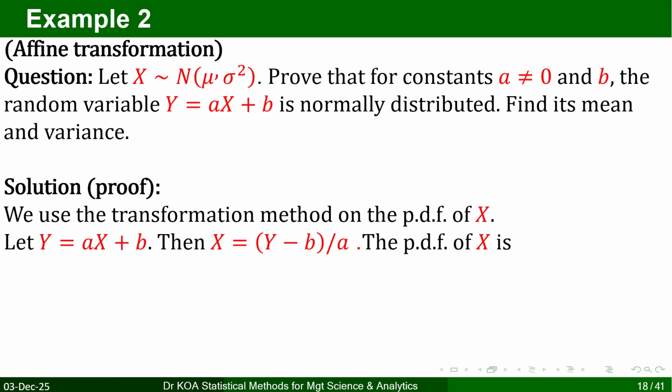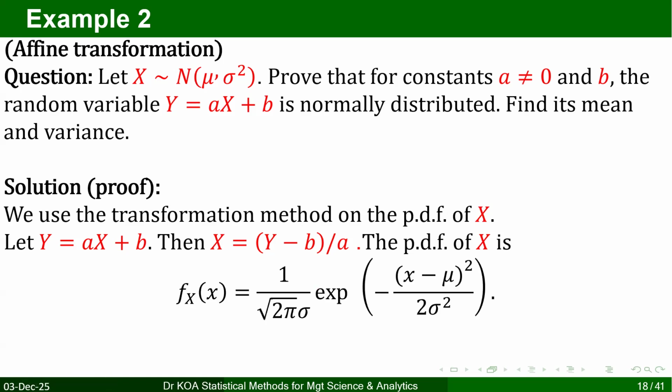The probability density function for X is going to be this. We know this already, that the general PDF for any random variable is that. Okay, we set the probability density function for X, but we didn't set the probability density function for Y. So how do you get the probability density function for Y?